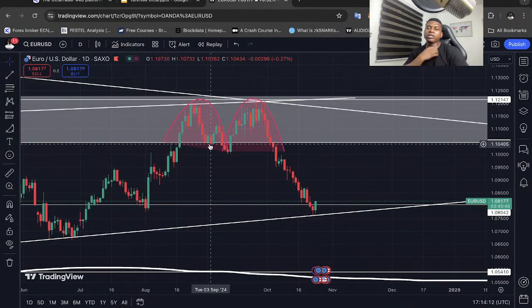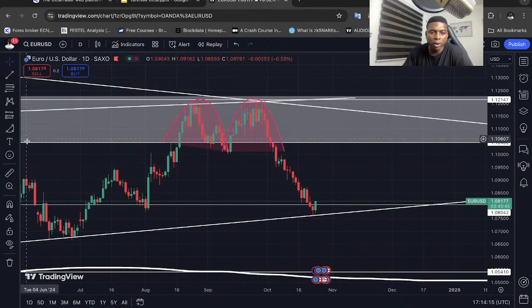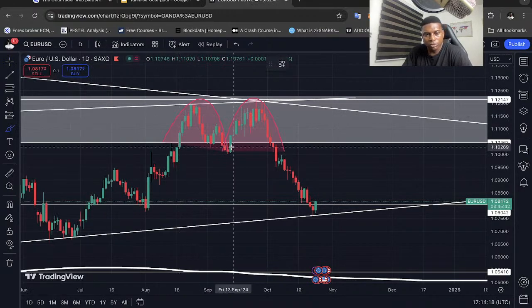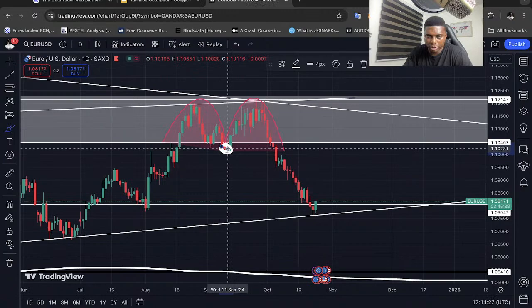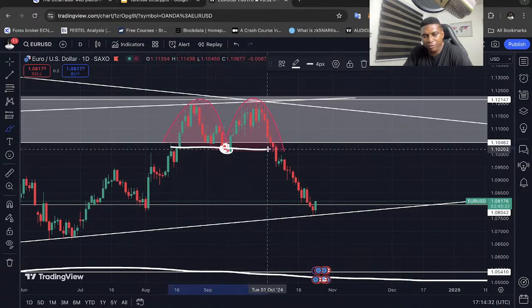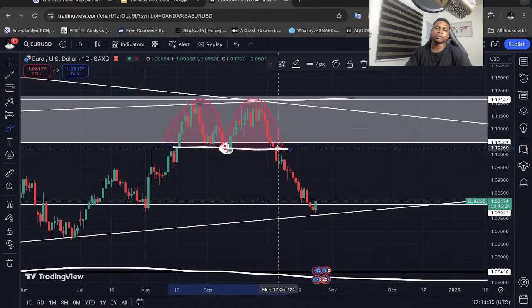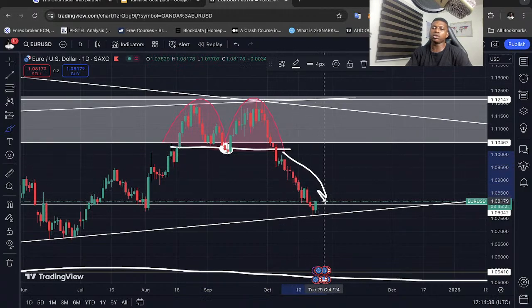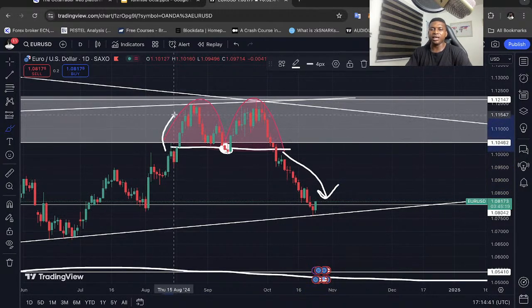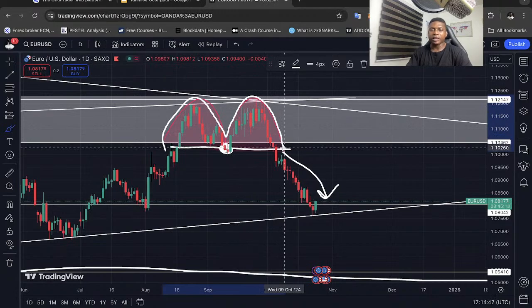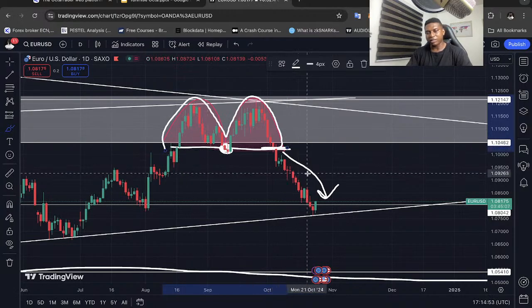One interesting thing about double tops is this is the neck, and when you see price break down below the neck, of course that shows there's a continuous drop in price. That is what we can see here: after a double top was formed, price broke out from the neck region of the double top.